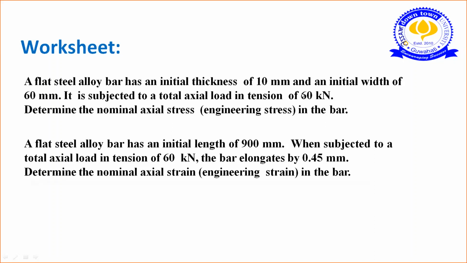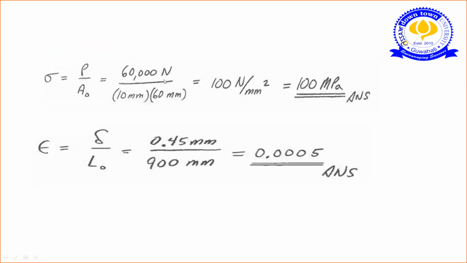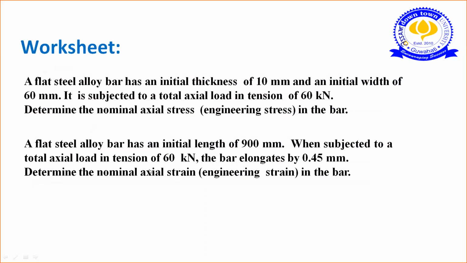It is subject to a total axial load in tension of 60 kilonewton. Since it is tension, your answer will be positive. So 60 is nothing but P. We got P, we got area, so we can use the formula sigma equals P by A naught. Put the values, then these are the conversions.